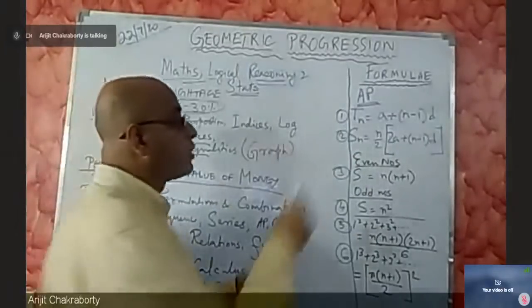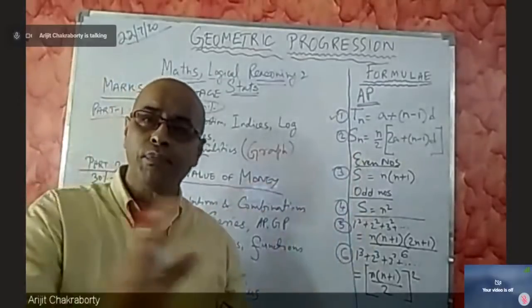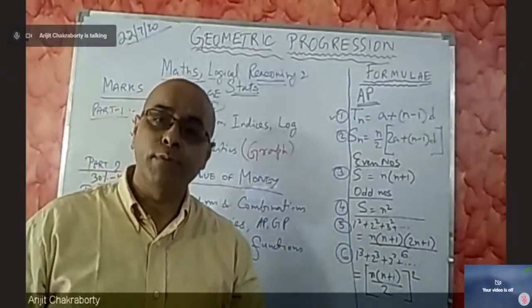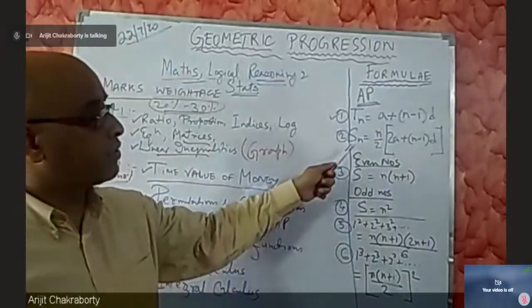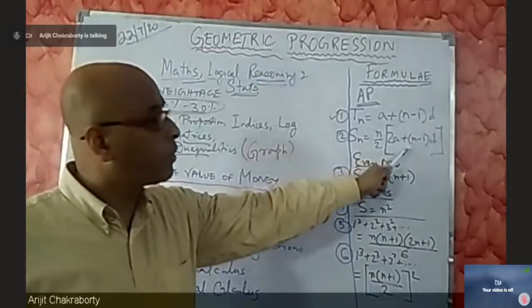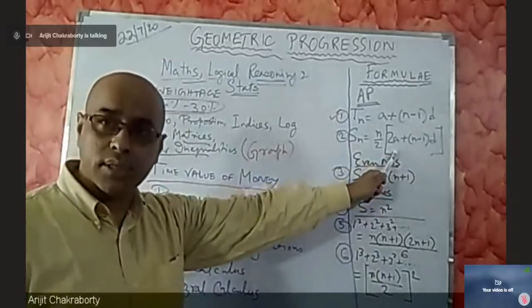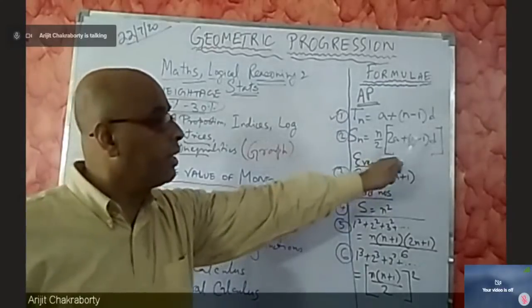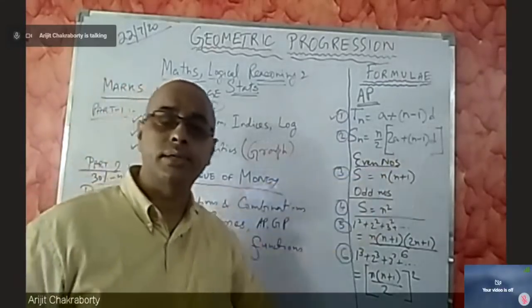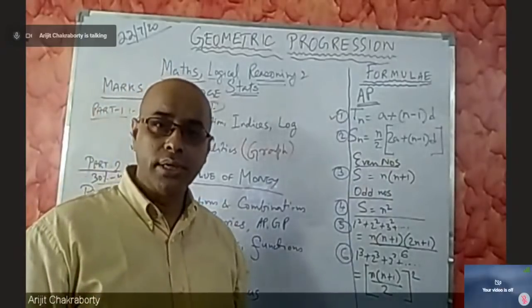The second formula we did was the sum of n terms in an arithmetic progression. So the sum is given by n by 2 into (2a plus (n minus 1) into d), where a is the first term of the progression, n is the number of terms, and d is the common difference between the terms, right?